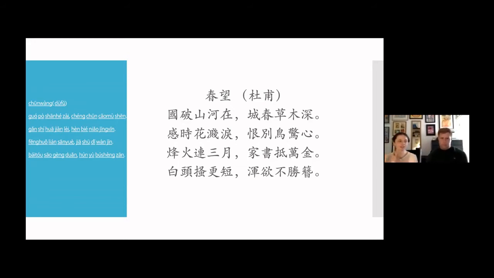The big thing worth drilling home with students is that pinyin is not a system made for foreigners, typically Westerners whose native alphabet is the Roman alphabet, to help them learn Chinese. Pinyin is a system of transcribing the sounds of Mandarin that was developed within China for the use of China itself.